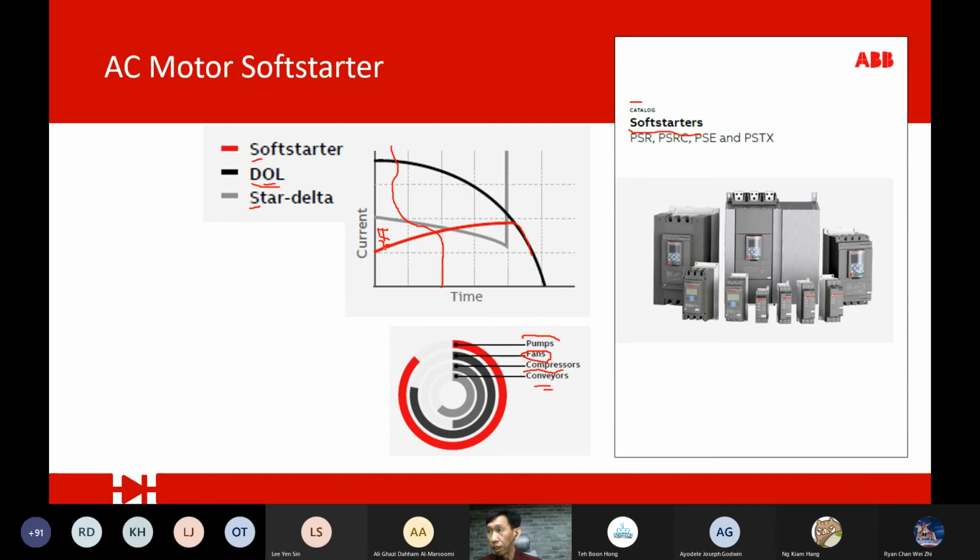The time it takes can be very fast or very slow, depending on the size of the motor and how you want it. Usually for conveyor belts in industry, like the airport conveyor where you collect your luggage, the moment you turn on, I tell you, high inrush current is coming in. If you have any experience with that, I can almost guarantee that they put a soft starter there to make sure the airport operates properly.